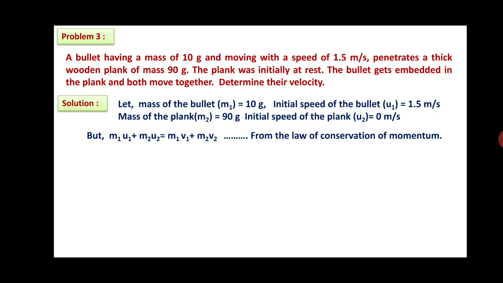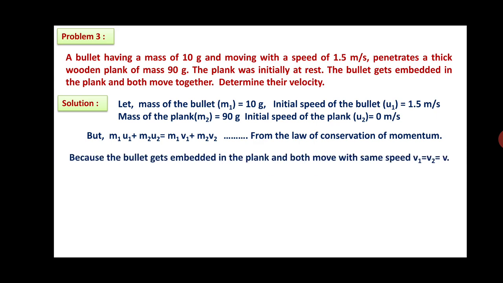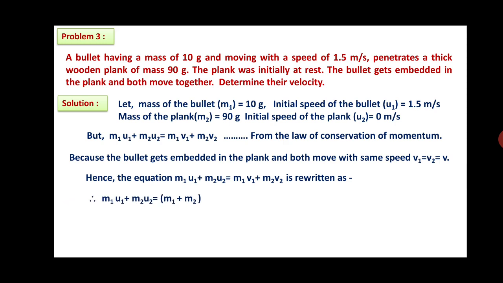We know from the law of conservation of momentum, m1 u1 plus m2 u2 is equal to m1 v1 plus m2 v2. Because the bullet gets embedded in the plank and both move with the same speed, therefore v1 is equal to v2 is equal to v. Hence the equation can be rewritten as m1 u1 plus m2 u2 is equal to v into bracket m1 plus m2.